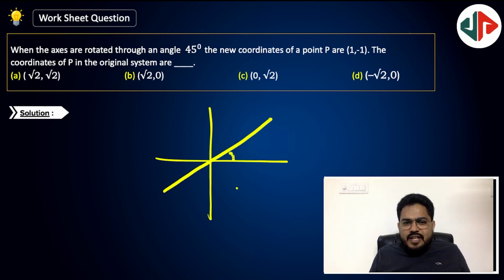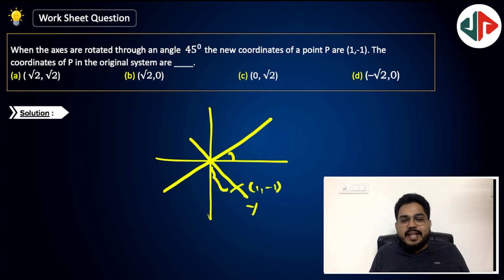When this is rotated 45 degrees, the origin and the point 1 comma minus 1 are at the same 45 degrees, so it will become the negative y-axis. So this is the negative y. So what is the answer you are going to get? Oh, look at here, my mistake here.